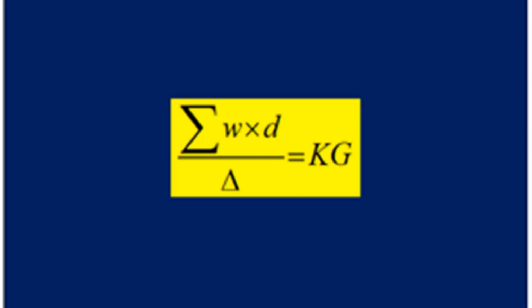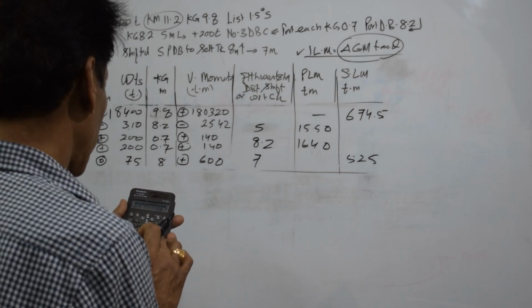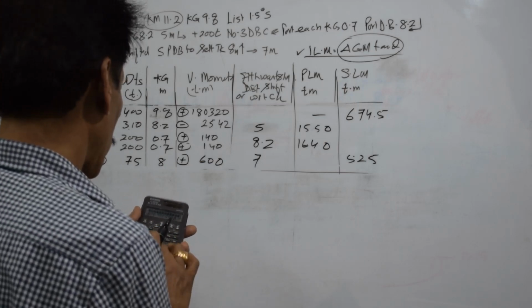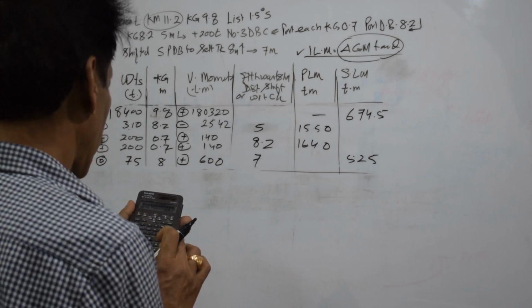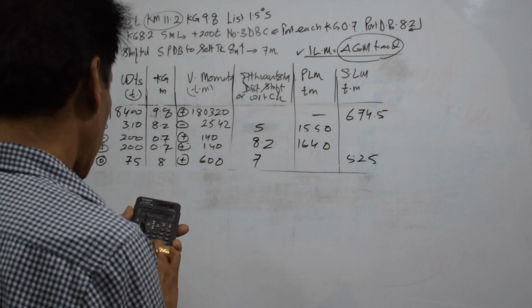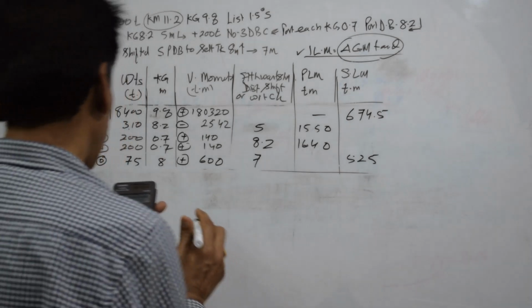Now let us do the total of vertical moments. It is 180,320 minus 2542 plus 280 plus 600 gives me 178,658.